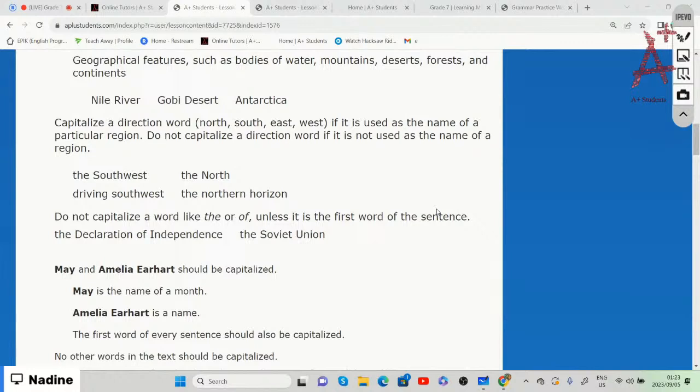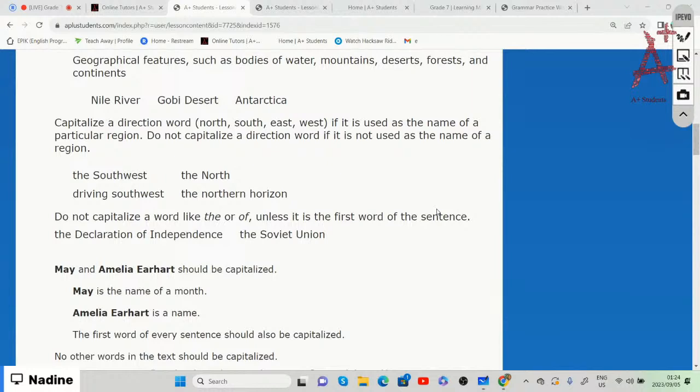For example, the Southwest. So Southwest is capitalized. But if you are saying I am driving southwest, or I am going southwest, or travel southwest, then we write it in lowercase.